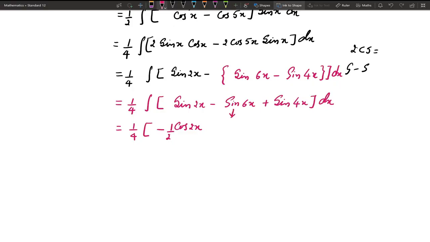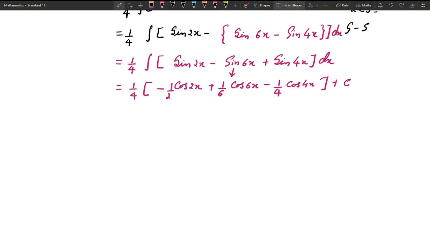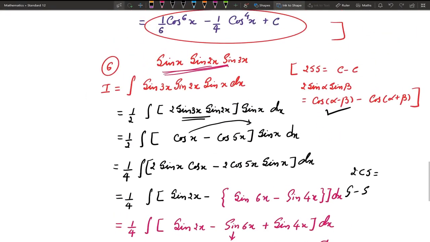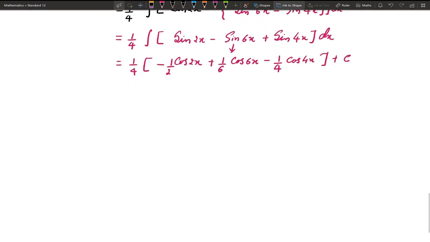When you integrate, minus minus plus 1 by 6 cos 6x, and then minus 1 by 4 cos 4x plus constant of integration. Now you can simplify this. So you should be familiar with the method. The angles may be different.